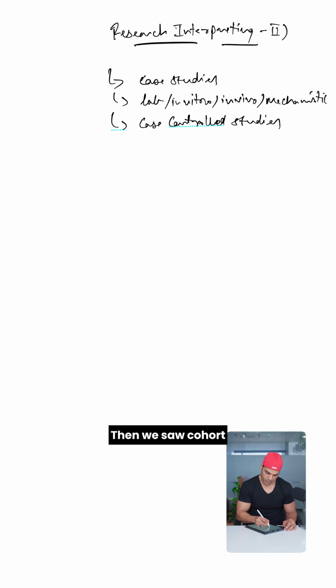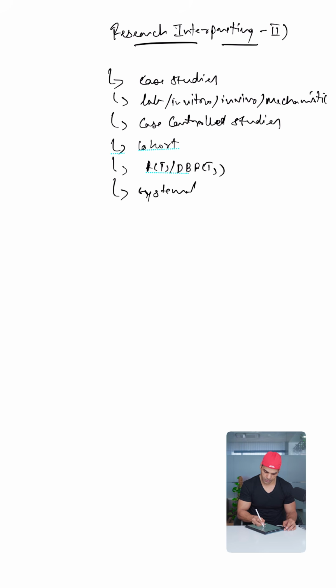Then we saw cohort studies, which is observational or epidemiological studies. Then we had RCTs and double-blinded RCTs, and then we had systematic reviews. Then we had meta-analysis and Cochrane.